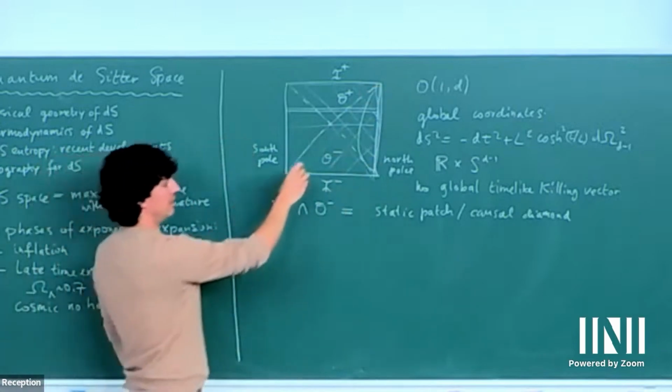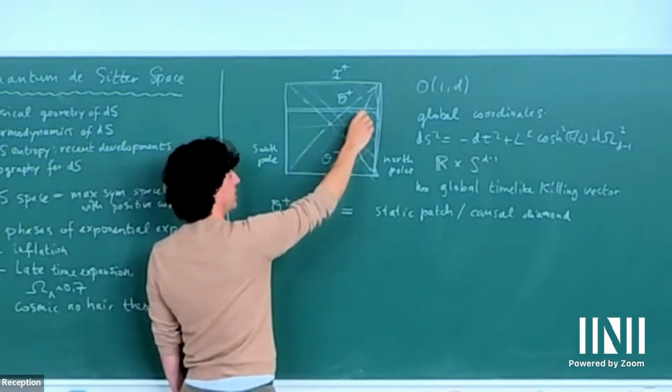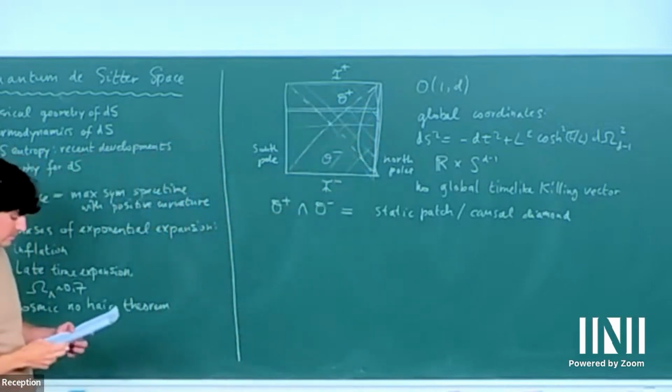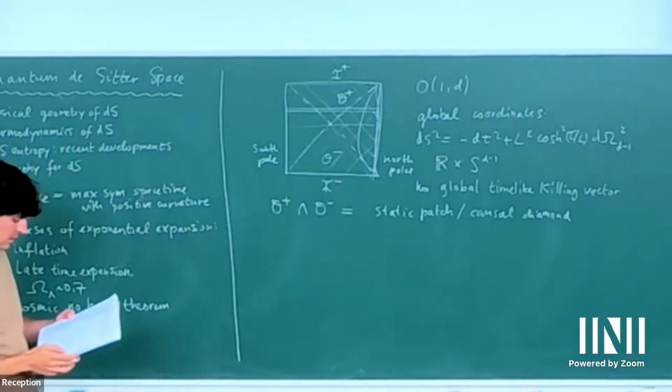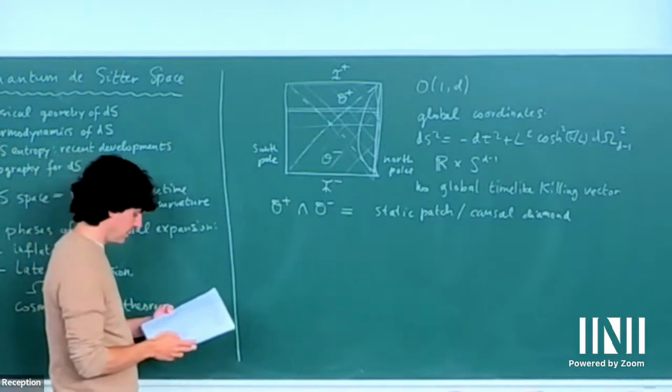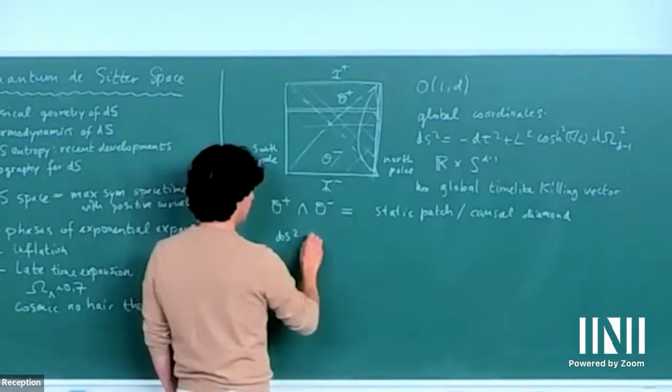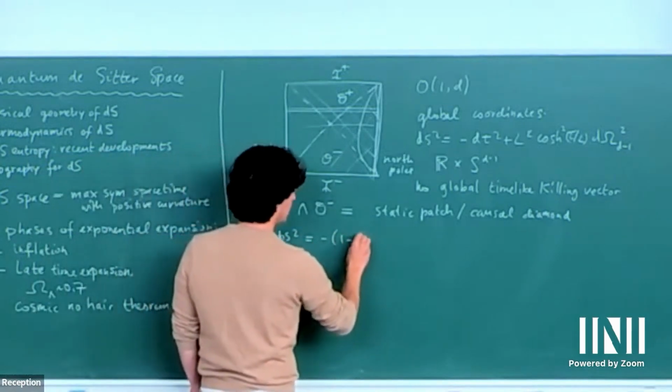So it can receive signals and send signals in this way. Okay. So the coordinates for the static wedge, the static coordinates.